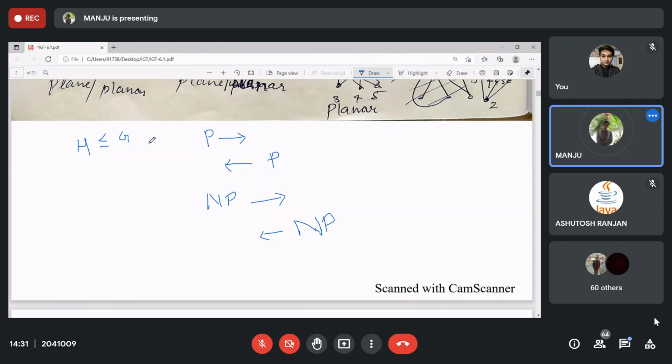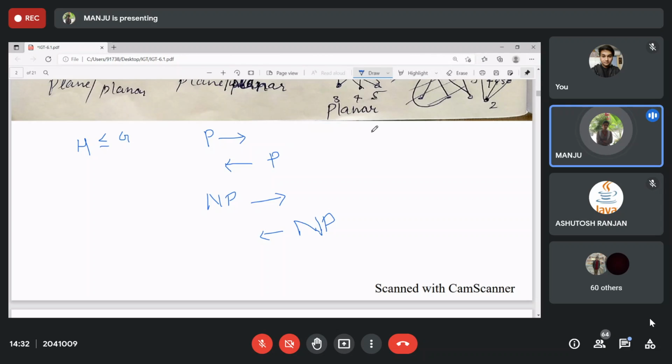Tell me. H is the subgraph of G. If H is planar, then G may or may not be planar, right?